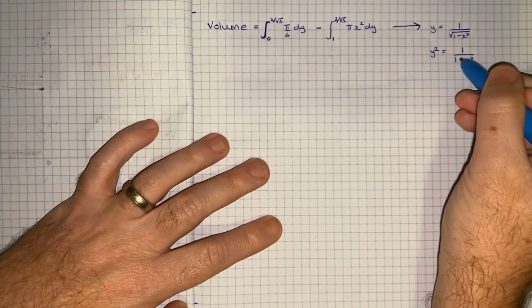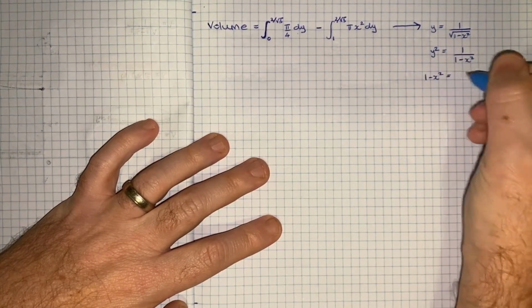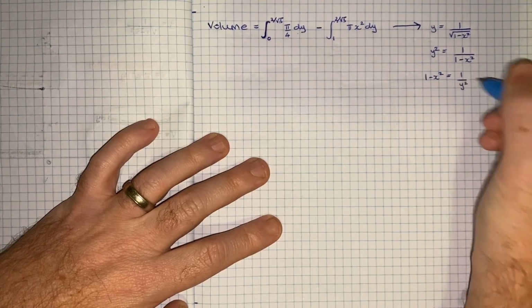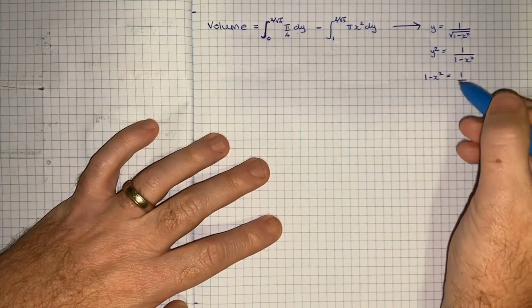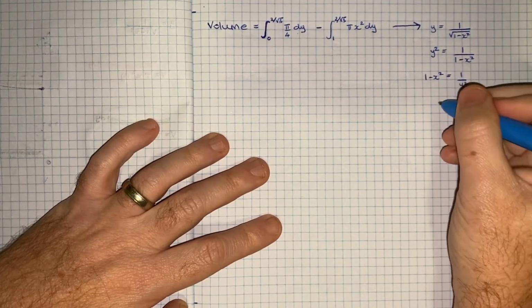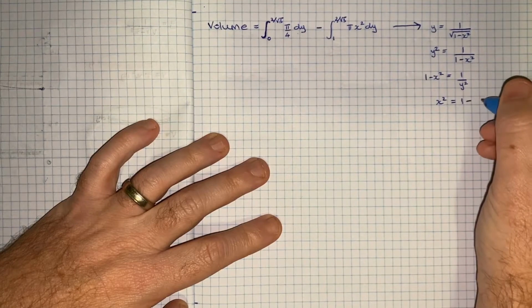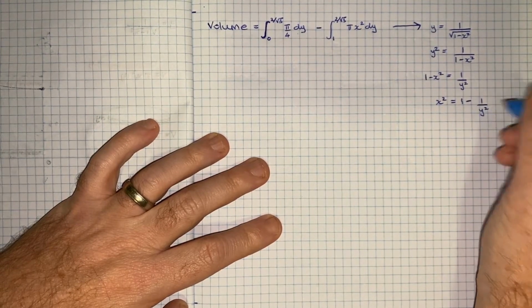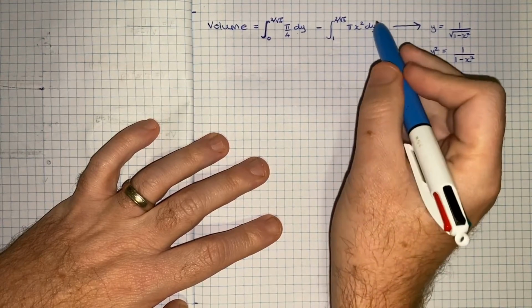I'll bring the 1 minus x squared up and the y squared down. So 1 minus x squared equals 1 on y squared. Then I'll bring the x squared over and the 1 on y squared, and switch them, and we'd end up with x squared equals 1 minus 1 on y squared. That's essentially what we want to integrate with respect to y.